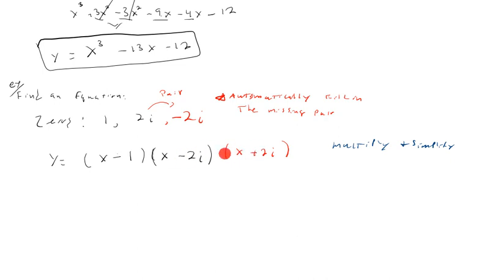So we're going to have x minus 1 over here waiting its turn. This is going to become x times x is x squared. X times 2i is plus 2ix, or 2xi, doesn't matter the order. Negative 2i times x is minus 2ix.